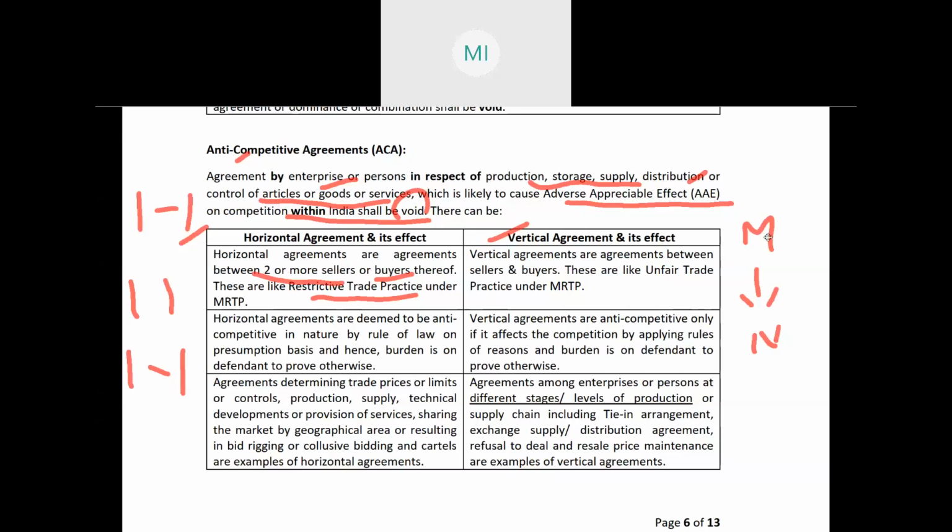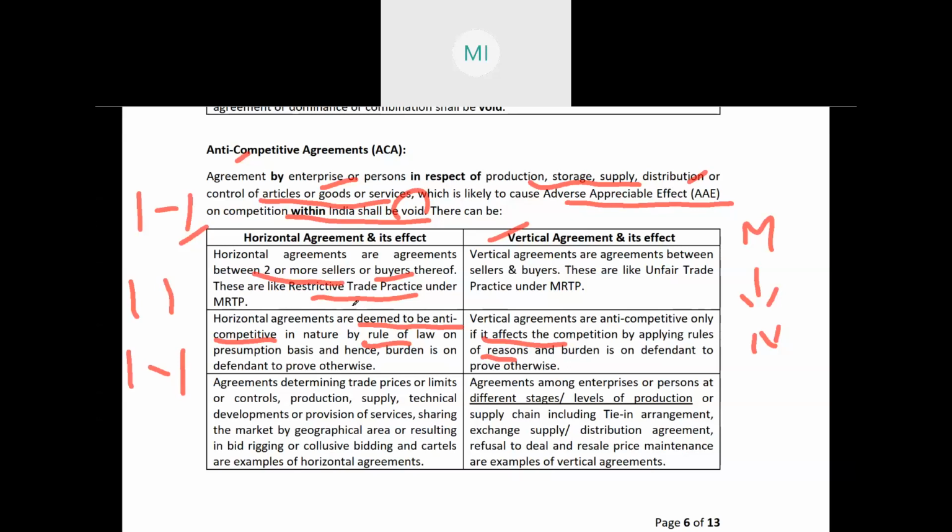In general, horizontal agreements are very serious in nature and are deemed to be anti-competitive by rule of law. Vertical agreements are anti-competitive only if they affect competition, that is, we have to give reasons how it is affecting competition. Just remember this, very important.